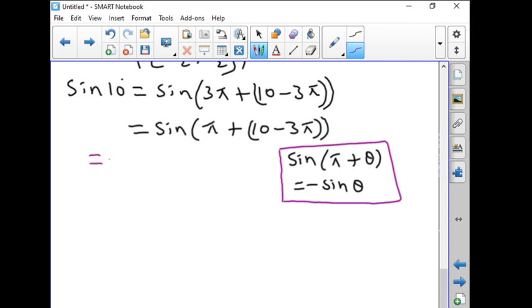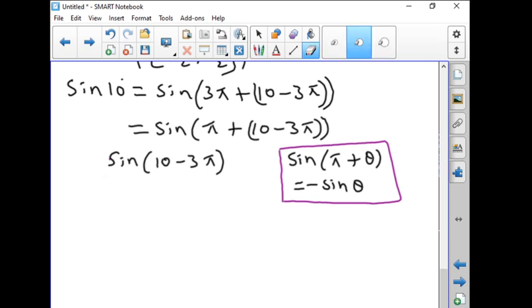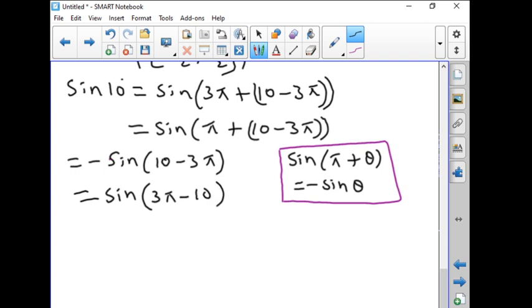Therefore, this is equal to minus sin of 10 minus 3 pi, and minus sin theta is sin of minus theta. Therefore, this can be written as sin of 3 pi minus 10.